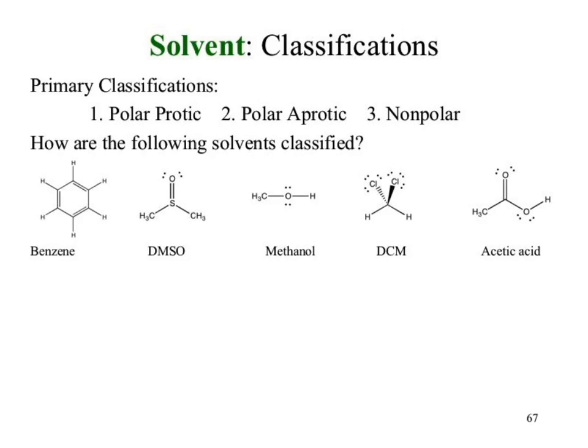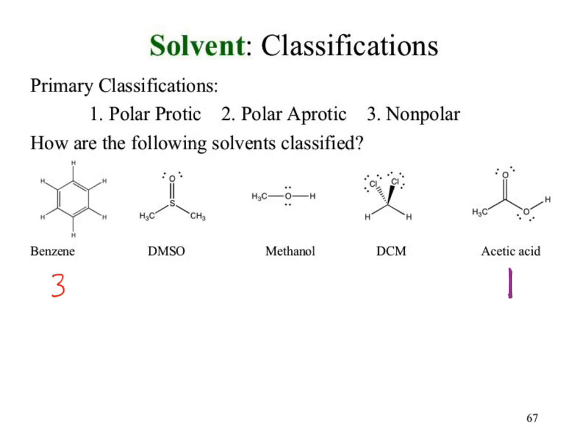Okay, all together on this side. First one is 3. It's aprotic. Acetic acid is 1, guys.